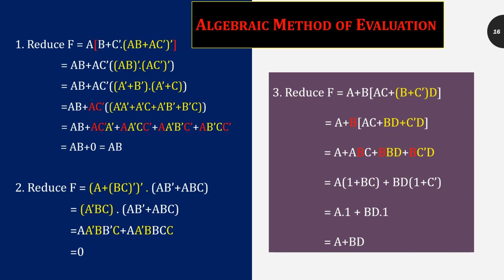So we get the term as A bar into BC into (AB bar plus ABC). We are just applying the distributive law: A bar BC into AB bar plus A bar BC into ABC. We can write the terms in order, and we know that A into A bar or B into B bar is equal to 0. So the term will be 0.